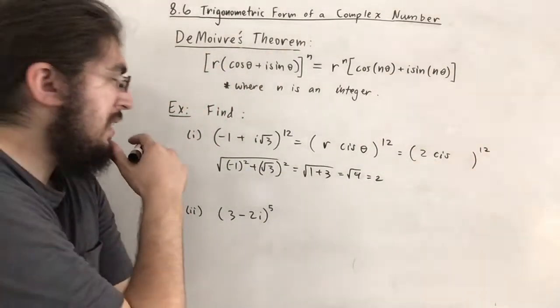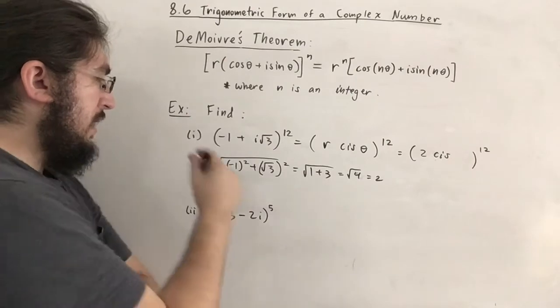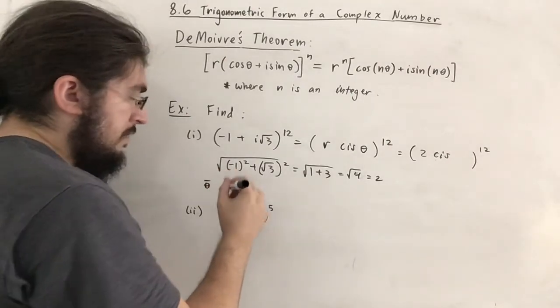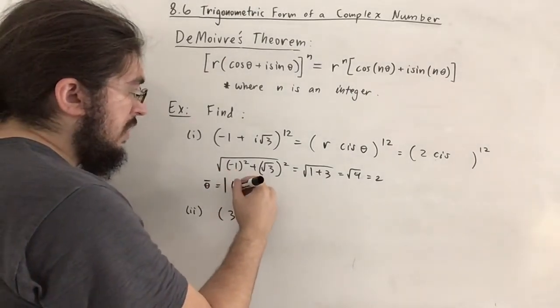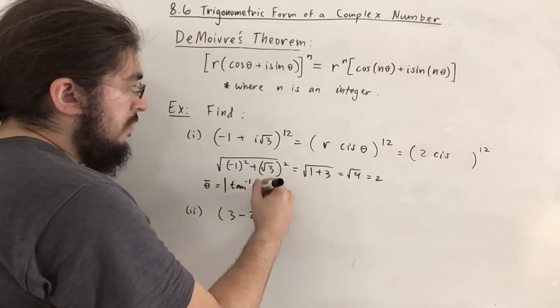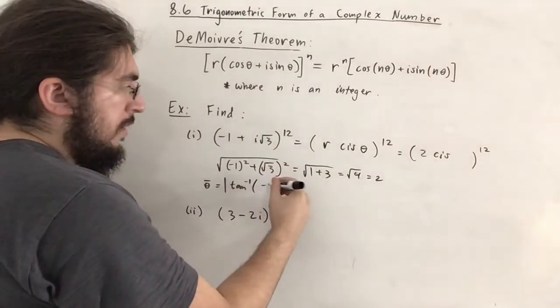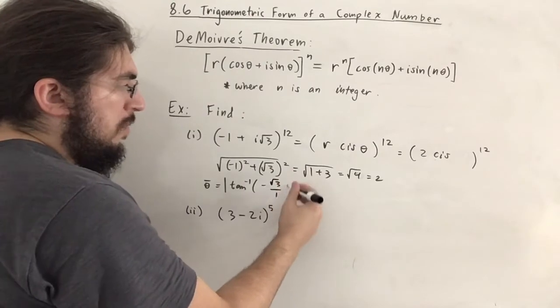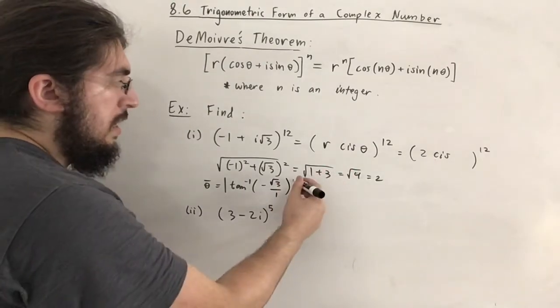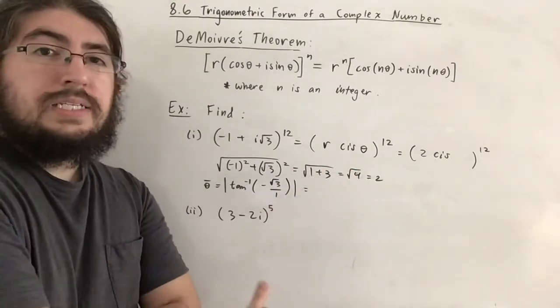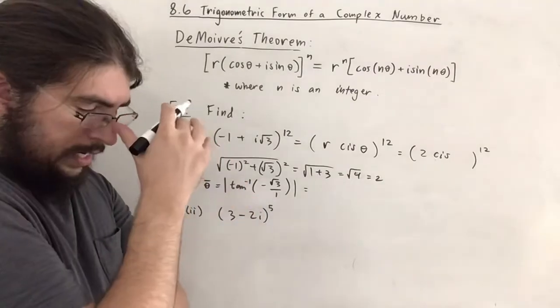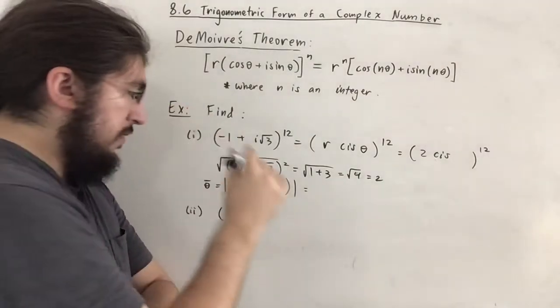Now the angle is going to be, well, let's see. So remember that the reference angle theta bar is the absolute value of tangent inverse of the imaginary part divided by the real part, which is negative radical 3 over 1, which is just negative radical 3. And we saw earlier the tangent is radical 3 when the angle is pi over 3.